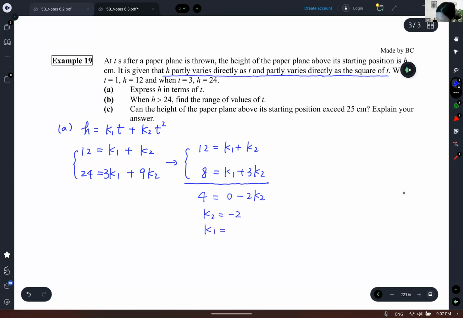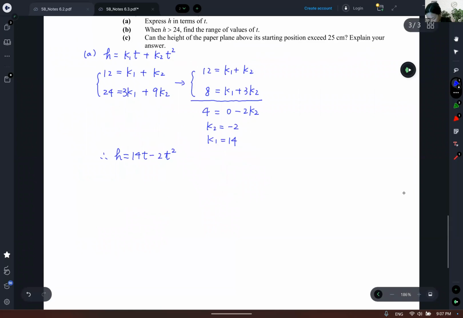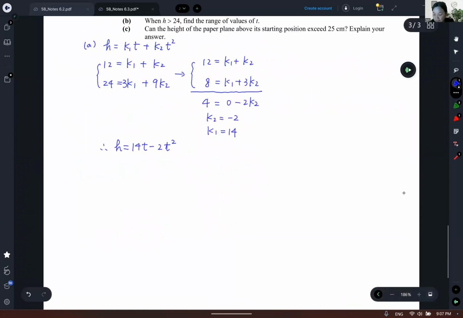K1 equals 40. Therefore, H equals 14t minus 2t squared. I think it's correct. Yes, correct.